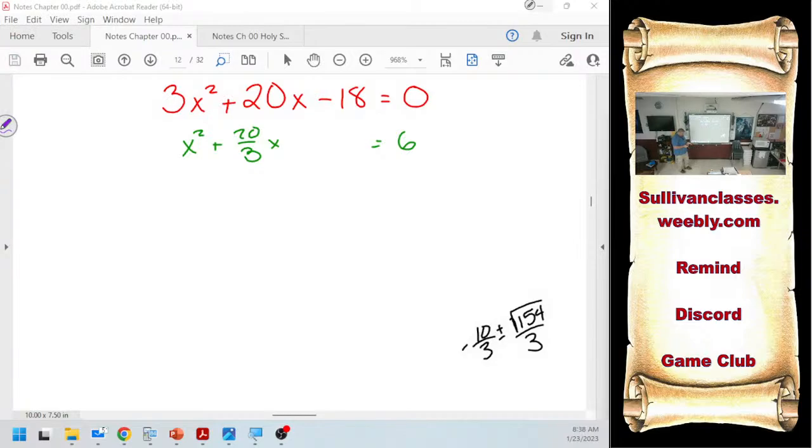What's half of 20 pancakes? 10 pancakes. What's half of $20? $10. Half of 20 thirds is just 10 thirds.